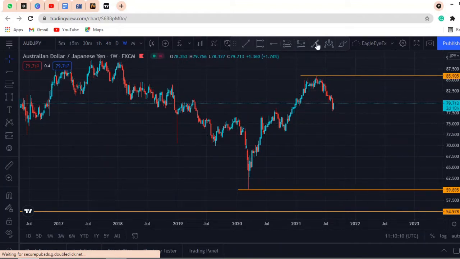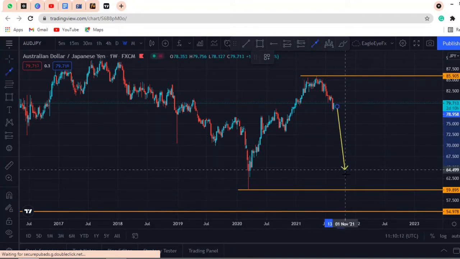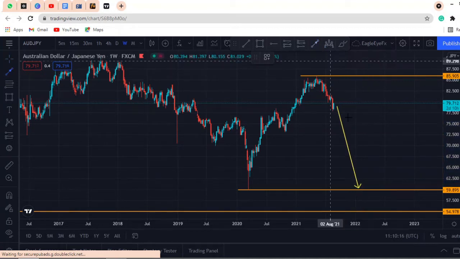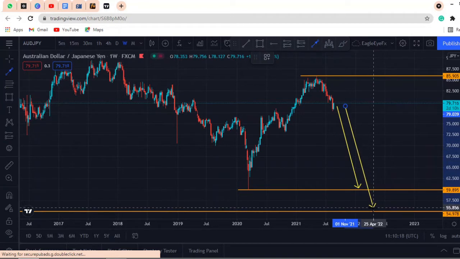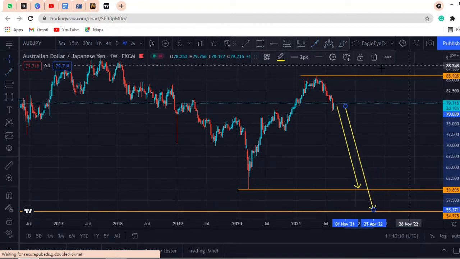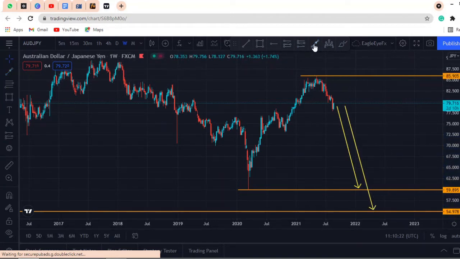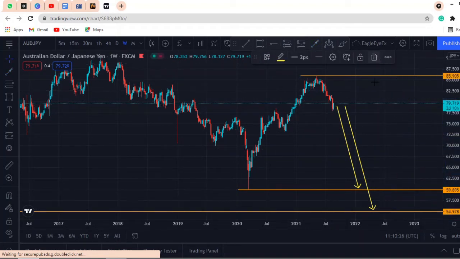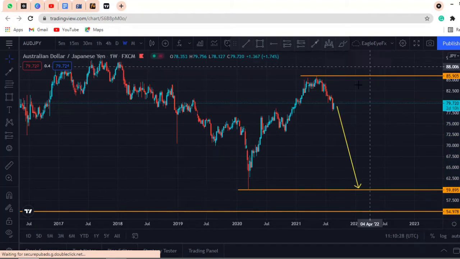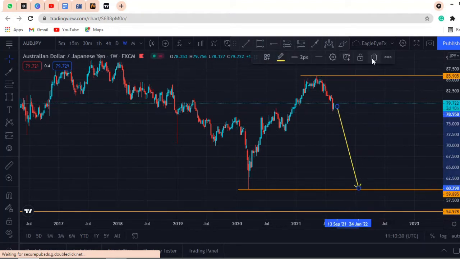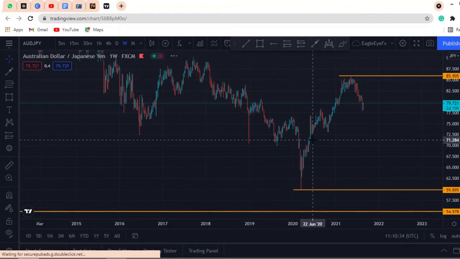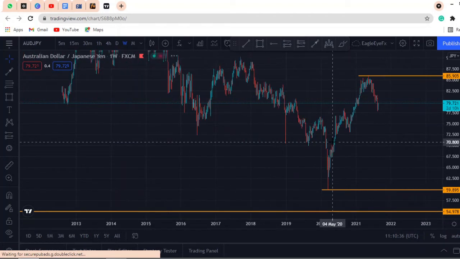So perhaps from the weekly time frame, the market is trying to push either up to this level, or it might push all the way to this level here before it starts going up like that. We are yet to see what is really happening.